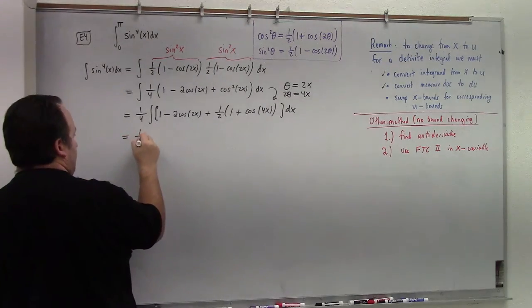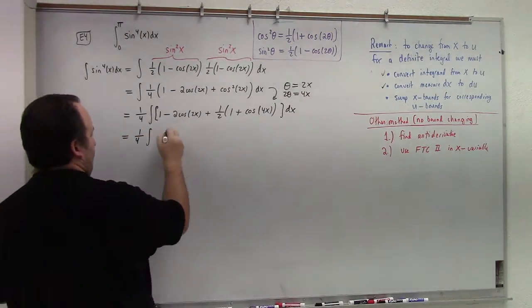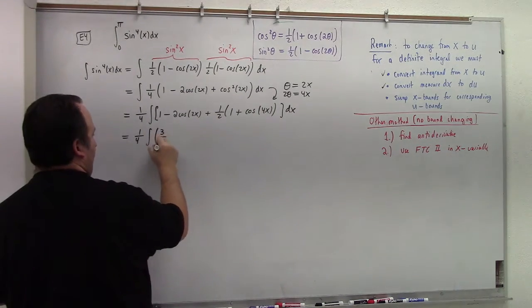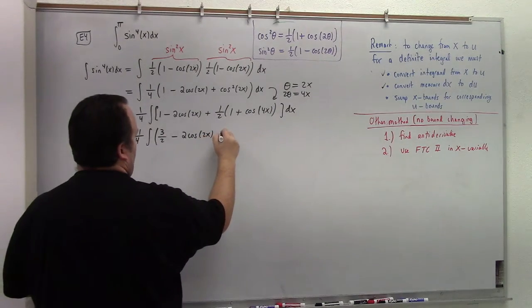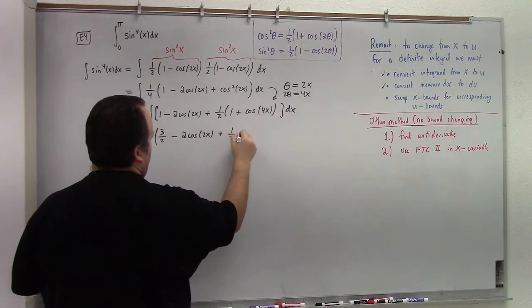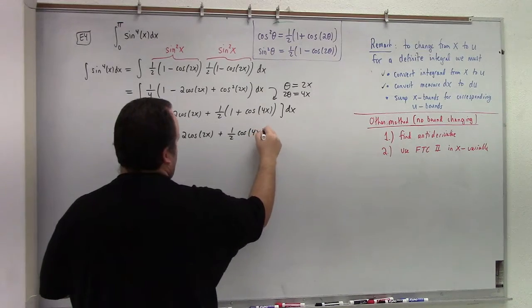So I've got 1/4 integral of 1 plus 1/2 is 3/2, minus 2 cosine of 2x, yeah, plus 1/2 cosine of 4x, right?